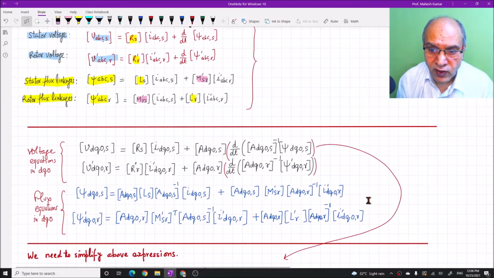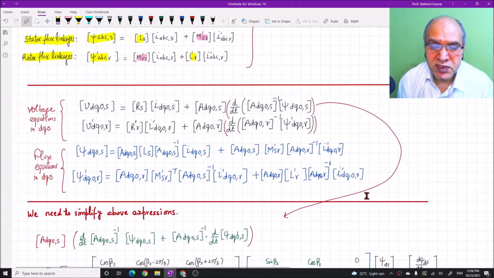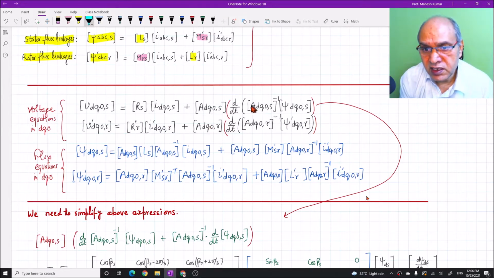We have found the fundamental transformation from ABC to DQ0 or DQ0 to ABC through matrices A_dq0s and A_dq0r and their inverse. And these are the equations that correlate the ABC quantities to the DQ0 quantities.